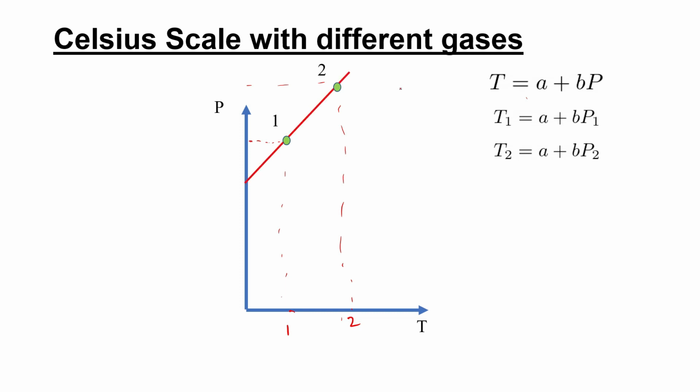So you can draw a line through these points. It will meet here. So this is for gas A. Now you can take another 2 points, measure the pressure and temperature for another gas B. So now it will have the intercept here, and it will have a different slope because this A and B will be different for another gas.